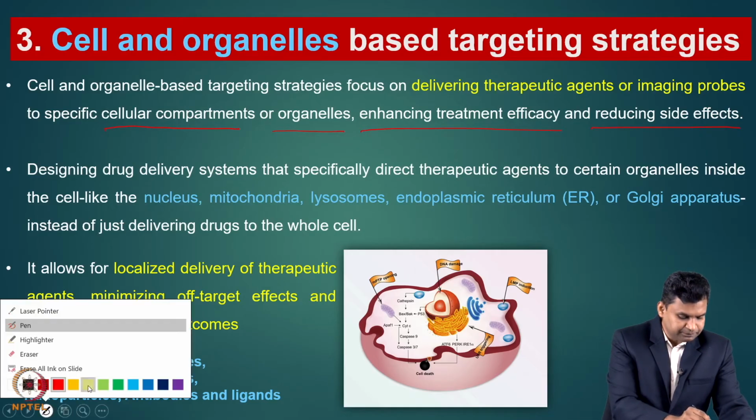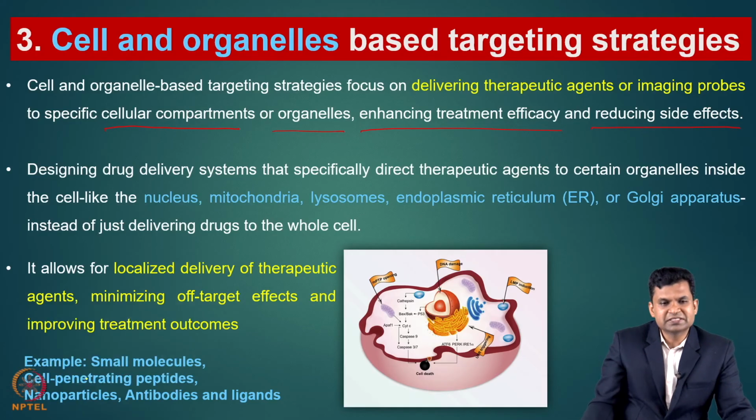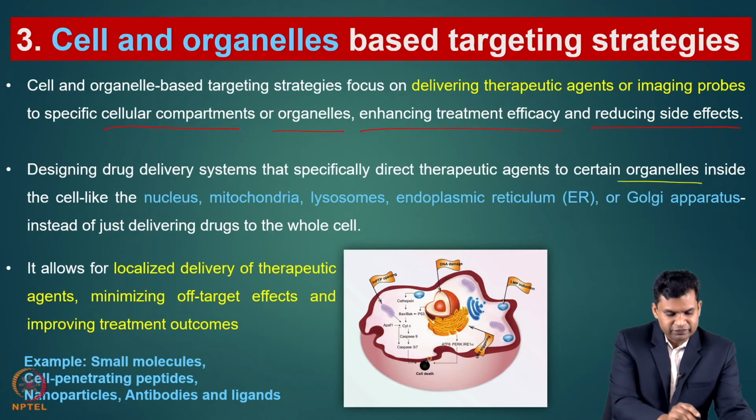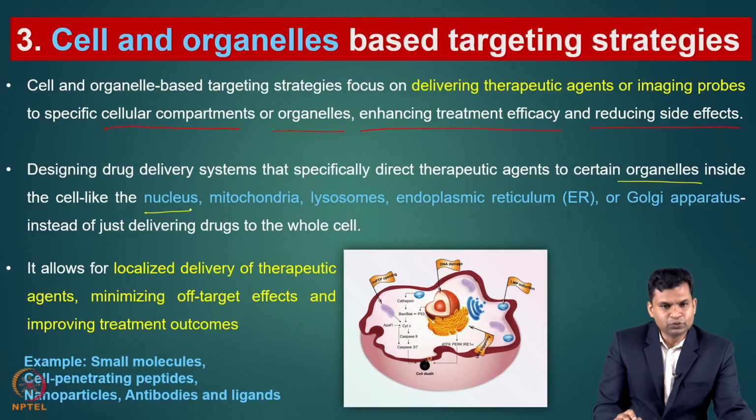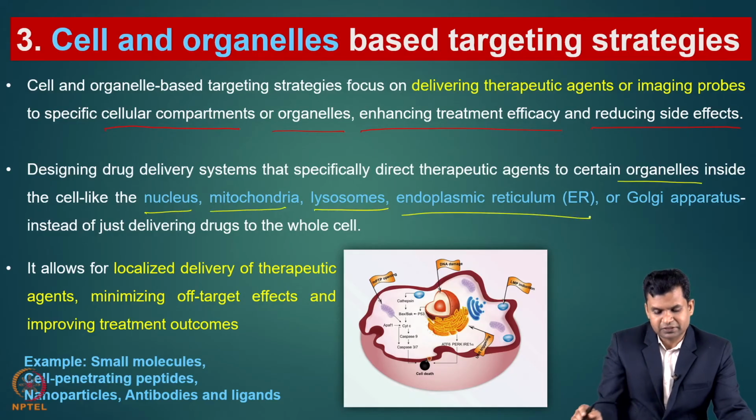So, here we need to design the delivery systems based on the various strategies to target the organelles in the cells. We can also target the nucleus, we can also target mitochondria and the lysosomes, endoplasmic reticulum and the Golgi apparatus.